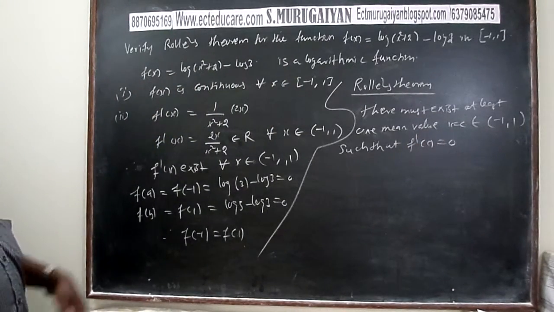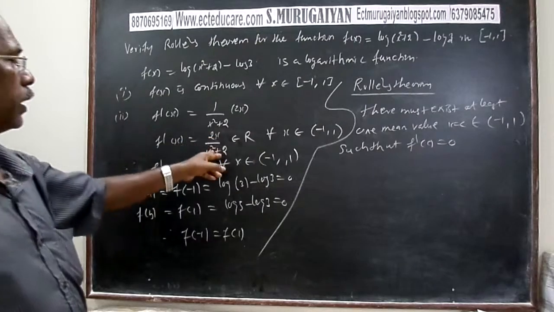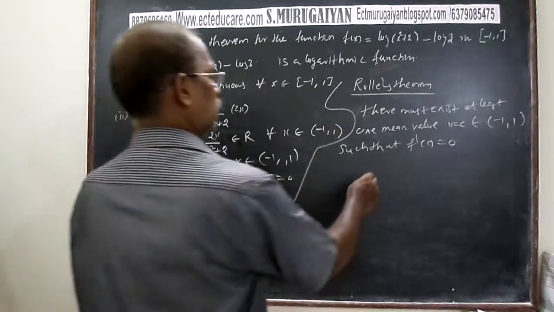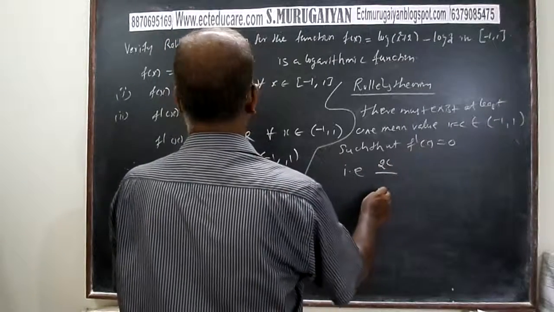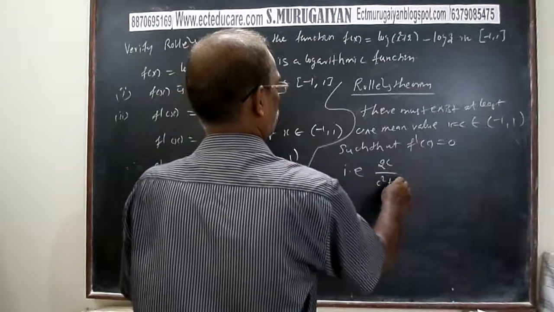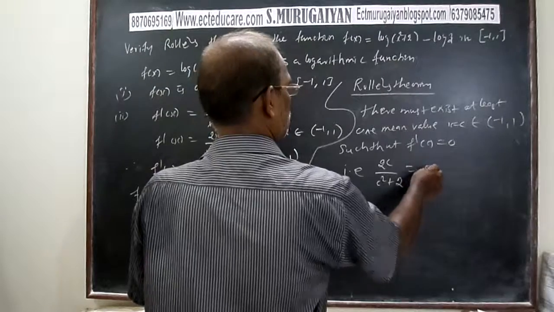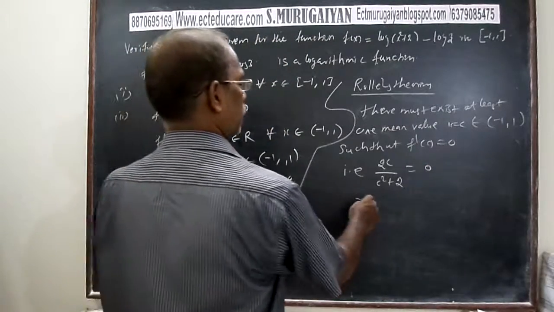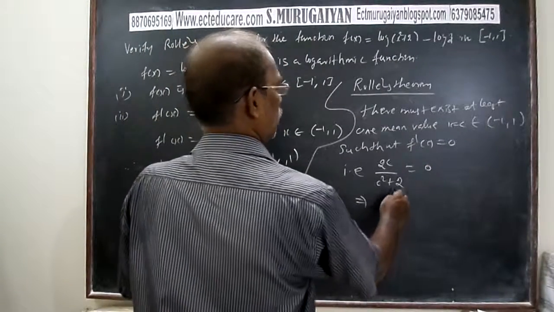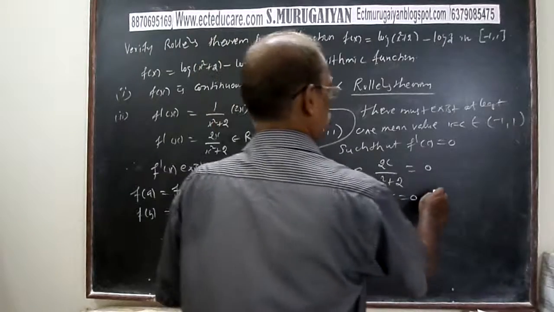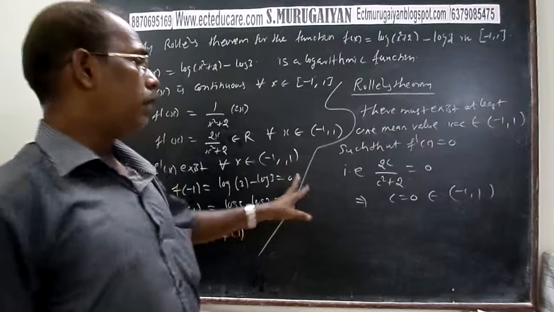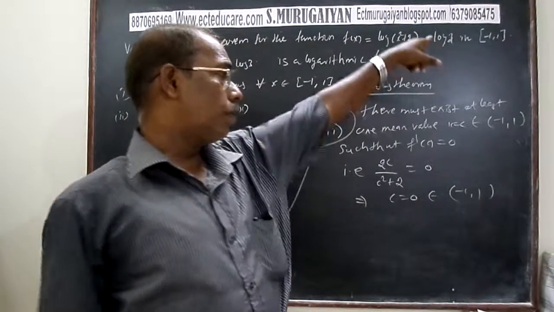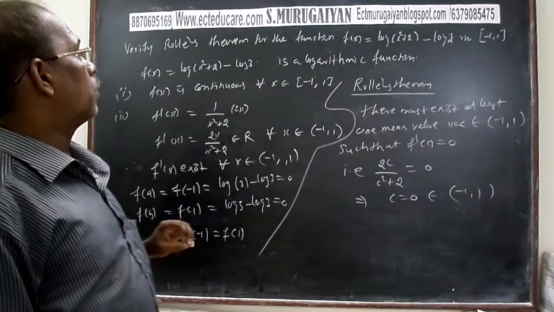So for f dash of c, we use f dash of x, 2c by (c square plus 2), that is 2c upon (c square plus 2) is equal to 0. After cross multiplication, c equals 0, which belongs to the open interval minus 1 comma 1. So the mean value is c equal to 0 in the open interval minus 1 comma 1.